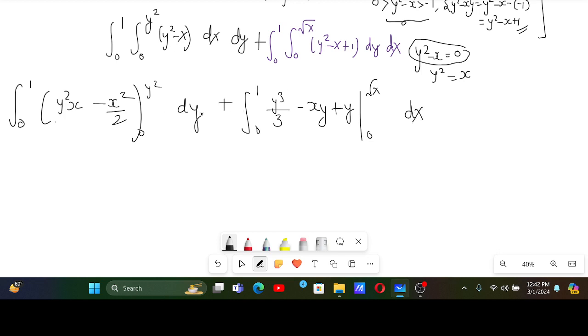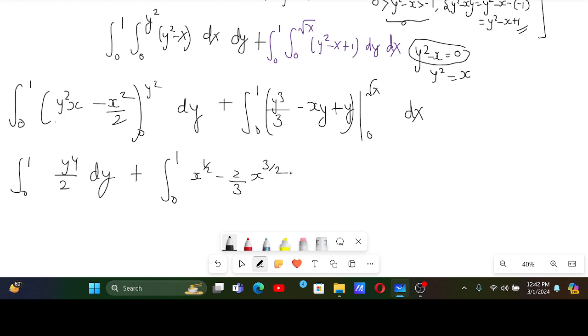Now this will be 0 to 1, y to the power 4 minus y to the power 4 by 2 dy, and over here it's x to the power 3 by 2 by 3 minus x to the power 3 by 2 plus x to the power 1 by 2. So x to the power 1 by 2 minus 2 by 3 x to the power 3 by 2. Now let's integrate, a piece of cake.